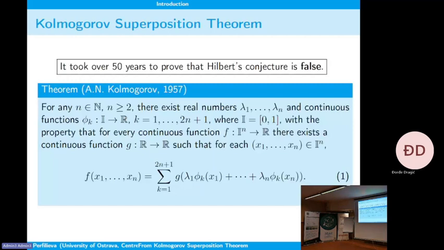I will just read it. For any n, meaning the number of variables, there exist real numbers lambda 1 up to n, and continuous functions phi k.